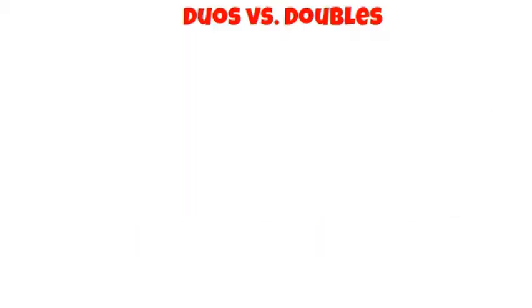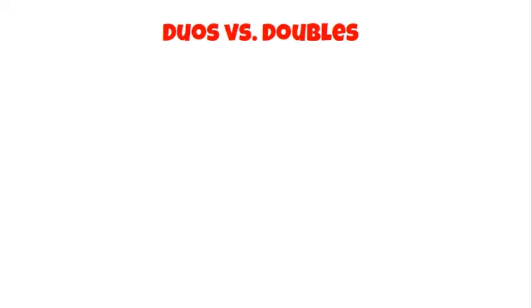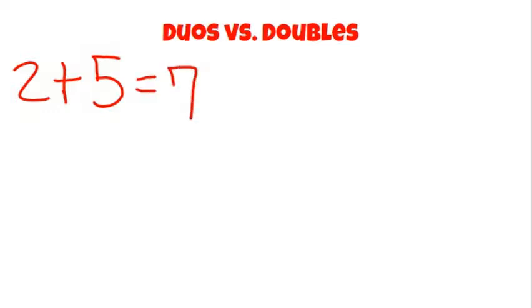Today, we're going to be looking at doubles. So duos, when it comes to numbers, would be putting two different numbers together, like 2 plus 5. That equals 7. So I have two different numbers. That is a duo. Two numbers that are different working together to get a sum.